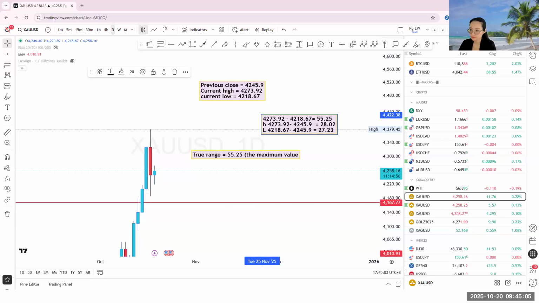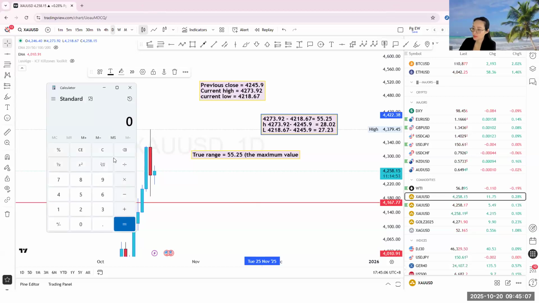You can use here: the current high 4273.92 minus 4218.67. That would be 55.25.